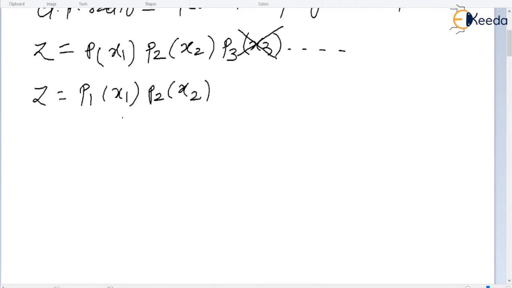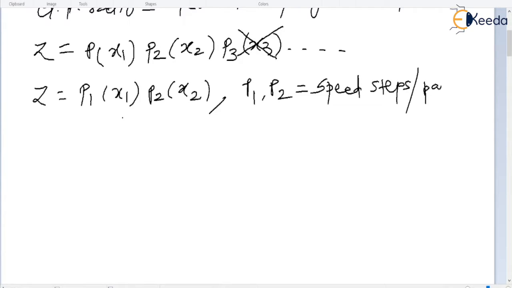Now what is the meaning of P1 and P2, X1 and X2? P1 or P2 stands for speed steps, or pairs in any stage. We are talking about gear pairs in any stage.